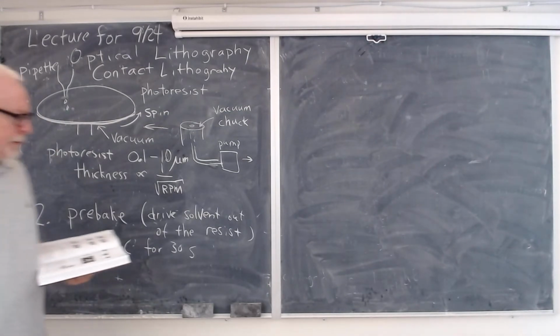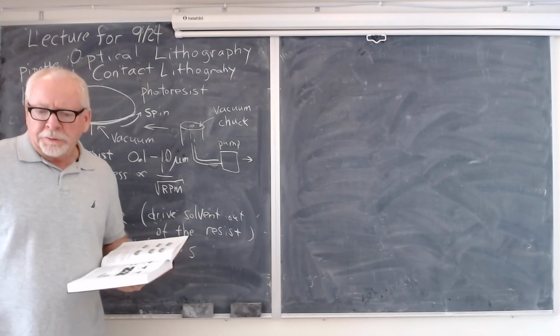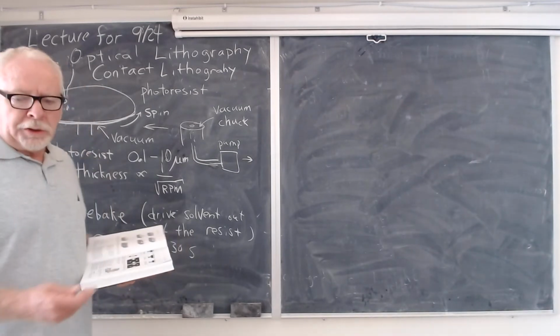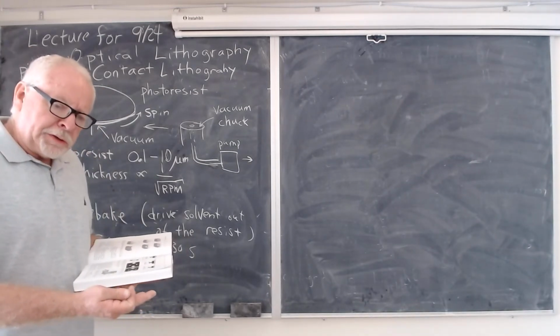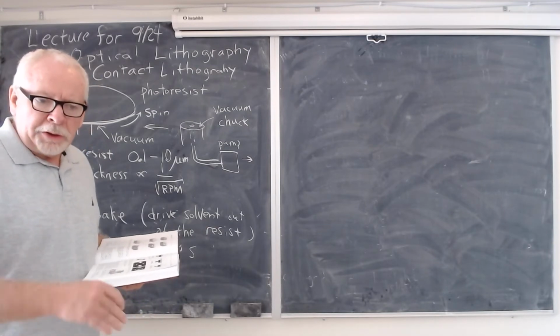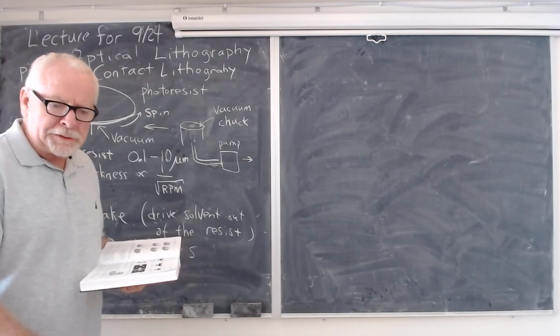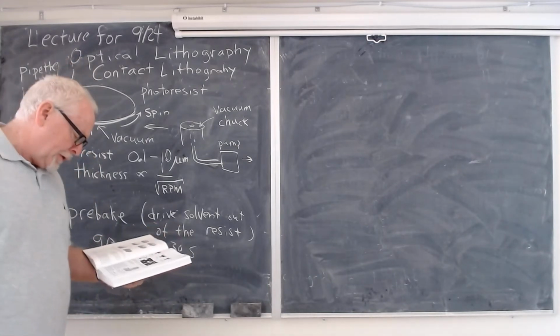And in fact, usually you do that on a hot plate because you can see the wafer as you do the pre-bake. It'll change reflectance, the color of the reflectance, as the solvent evaporates out of it.